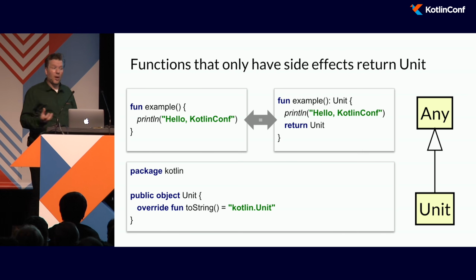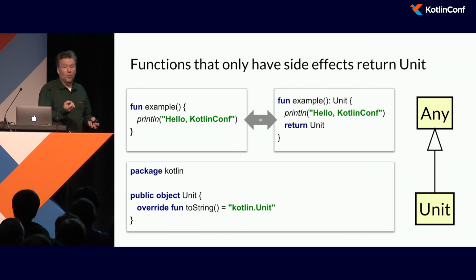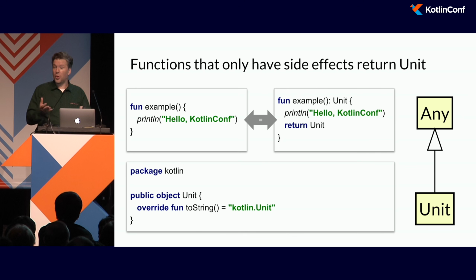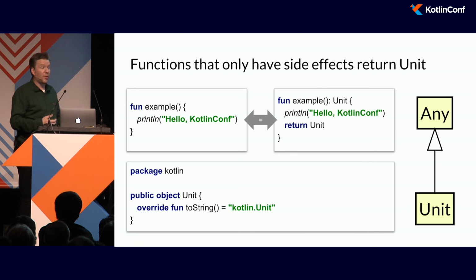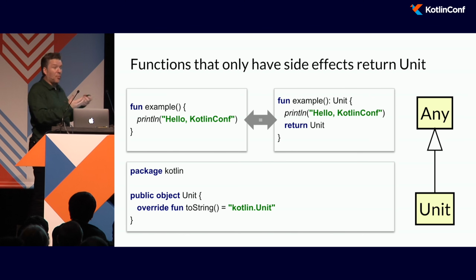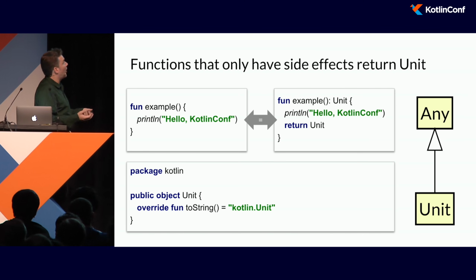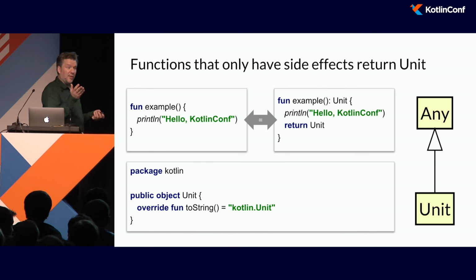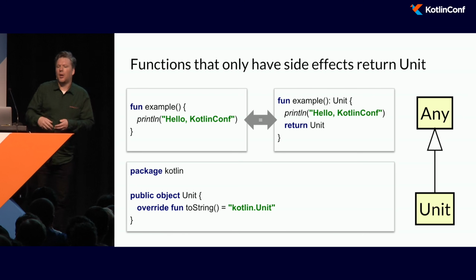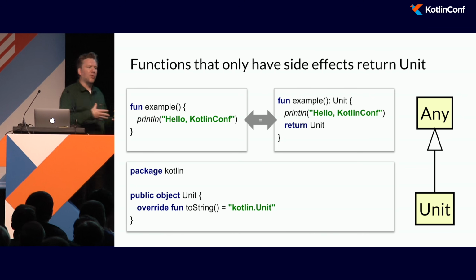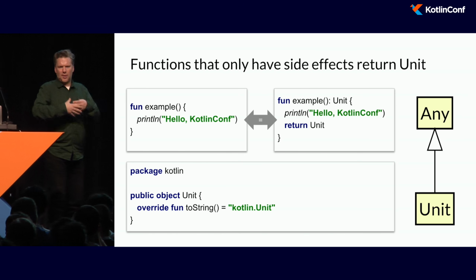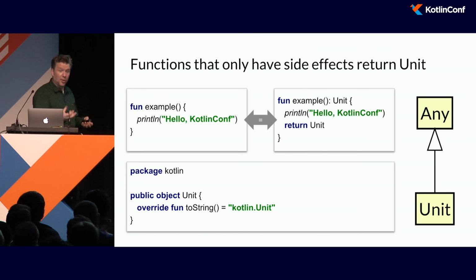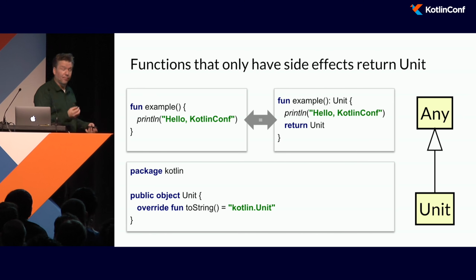And Unit is a type with only one value, also called Unit. There's nothing special about it. It's just an object called Unit that is defined in the standard library. You can define your own types like that if you want to. If you don't put a return type on your function, and therefore the function is only being used for its side effects, the compiler will implicitly type that as Unit, and it will actually return you a value of Unit if you call it.